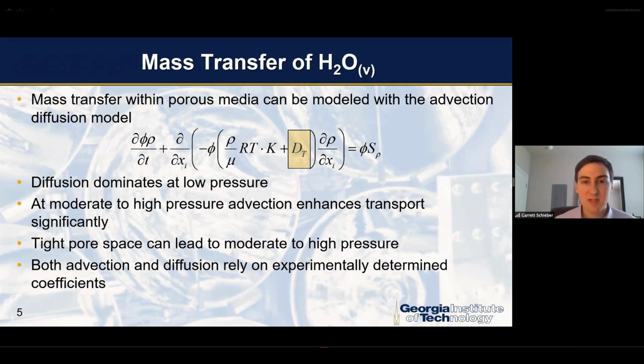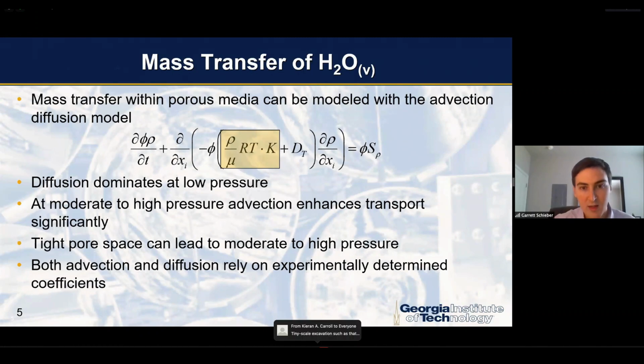However, because we want to be sublimating this stuff, higher pressures may be more relevant. In that case, advection can significantly enhance transport. Furthermore, the tight pore space can lead to moderate high pressures, at least locally. In addition, both advection and diffusion rely on experimentally determined coefficients.